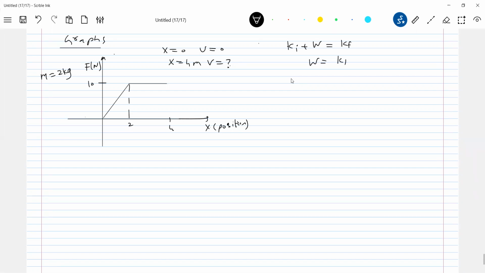So work done equals change in kinetic energy. Work done I can also write as the integral of F dot dx, and this is the area in the F-x graph. Area under the curve in the F-x graph will be the work done.